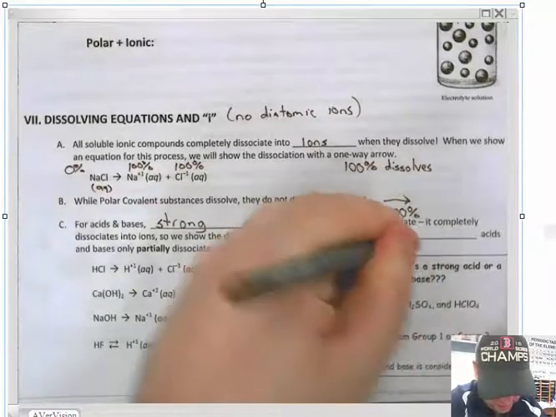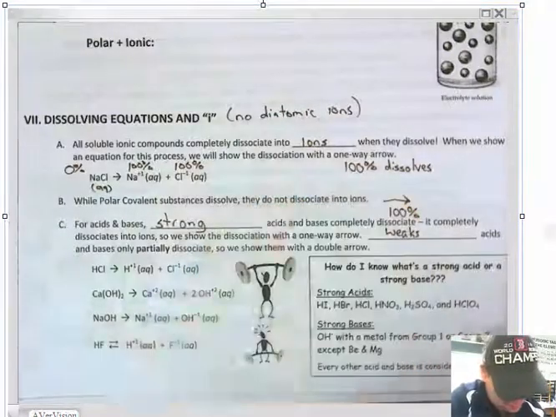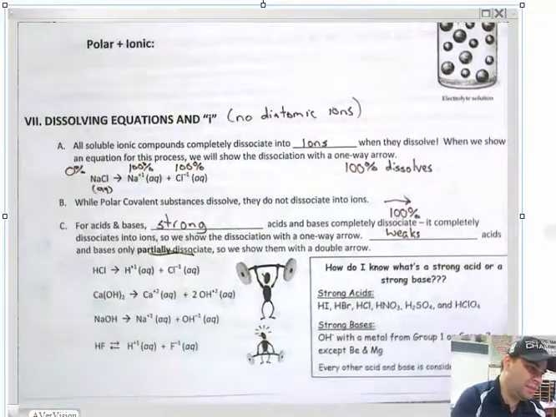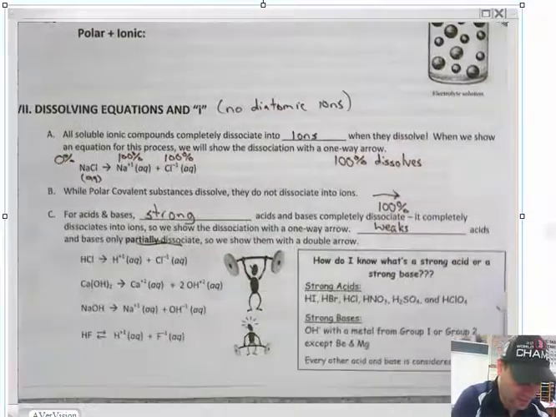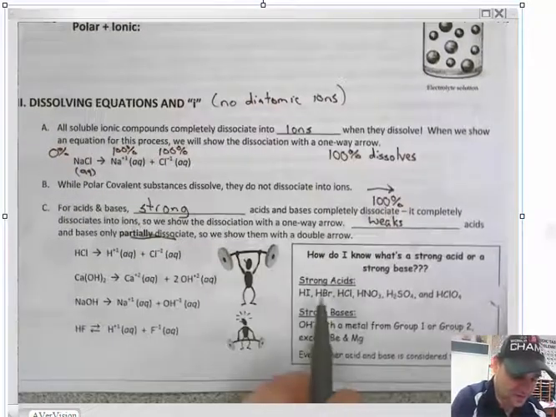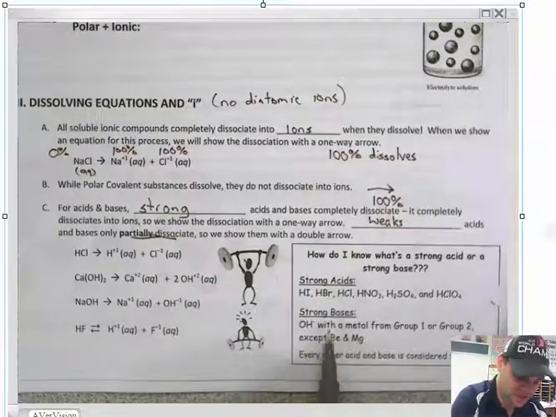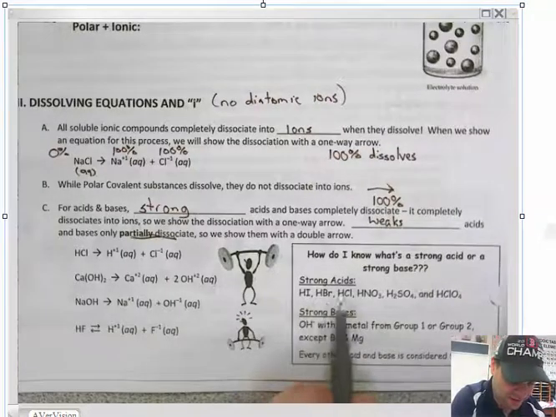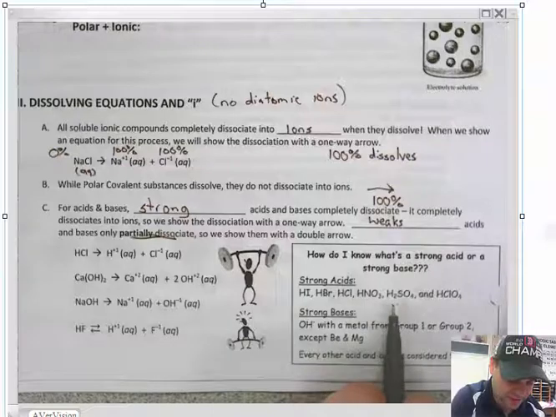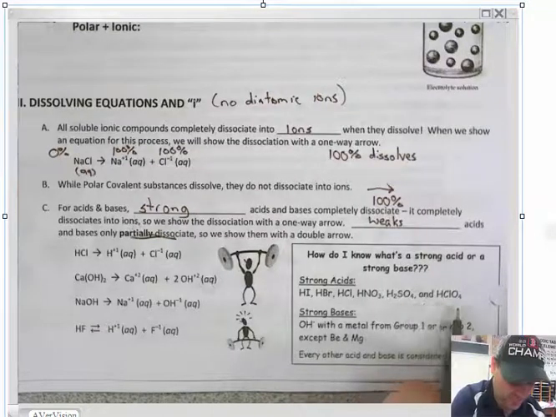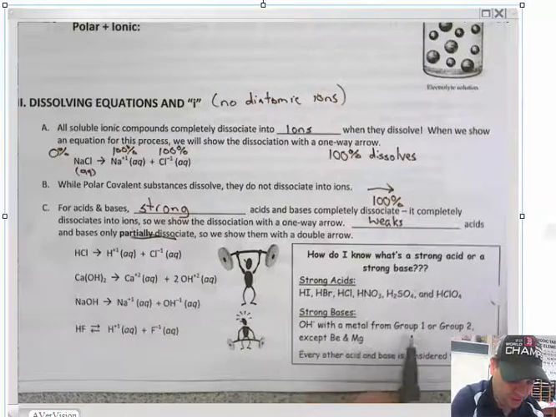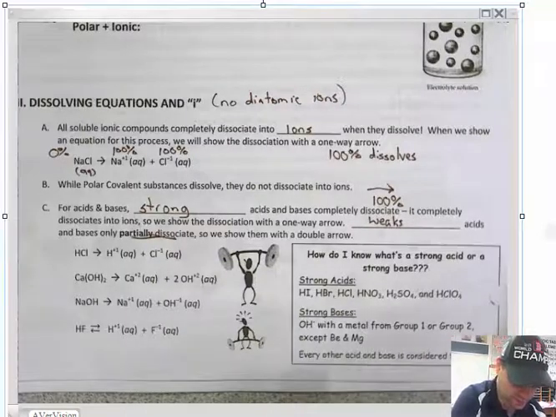Weak acids and bases partially dissociate, so we show them with a double arrow. You do not need to memorize the list of strong acids and bases right now. You will next chapter, but the strong acids are HI, HBr, HCl, HNO3, H2SO4, and HClO4. The strong bases are OH- with group 1 metals or group 2 metals except for Be and Mg.